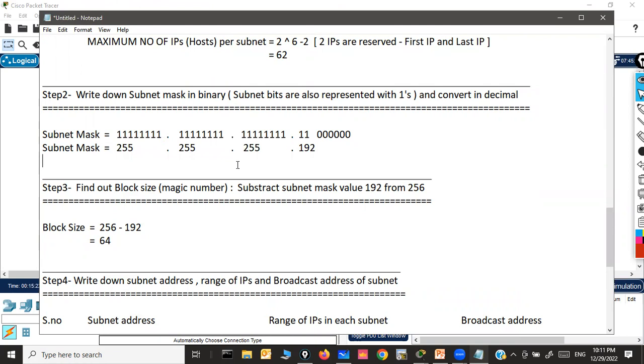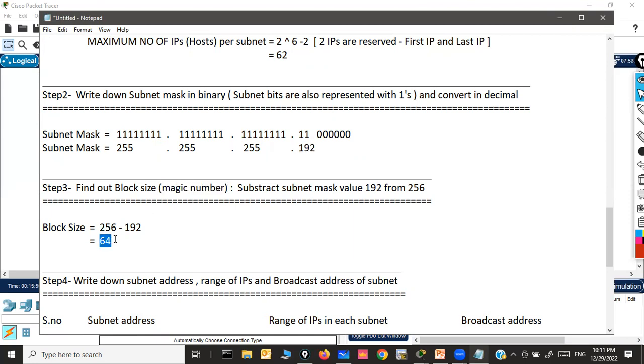You don't have to do much computation here. Most people use the same logic I have explained here. Whatever value you find other than the default, the actual one, subtract this value from 256 to get the block size, also known as the magic number.